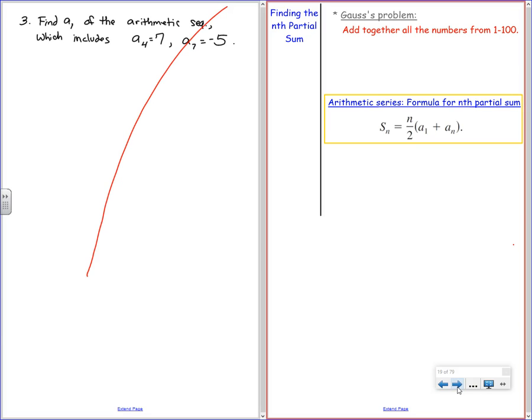And for the nth partial sum, we can say, to find s sub n, divide n by 2, add the first term plus the nth term, and don't forget, you can always go pause, find the nth term if you need it using the other formula.